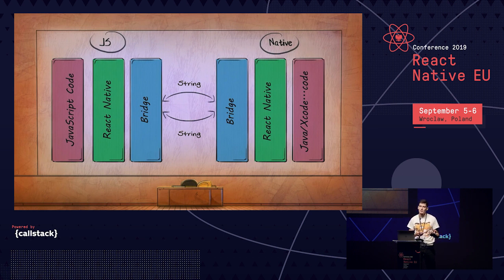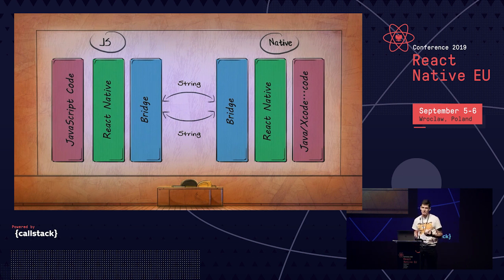Every single time you call a native API or render something from JavaScript in React Native, the message gets serialized and queued to the bridge, and then when the native thread has capacity to process it, it dequeues this message, processes it, and if needed, sends back a message exactly the same way.